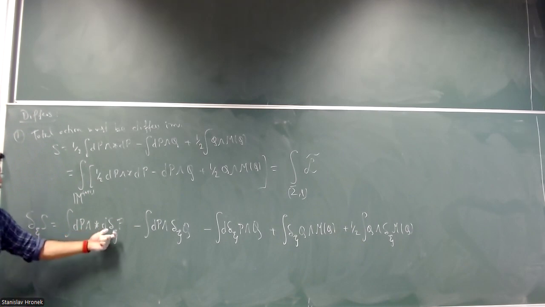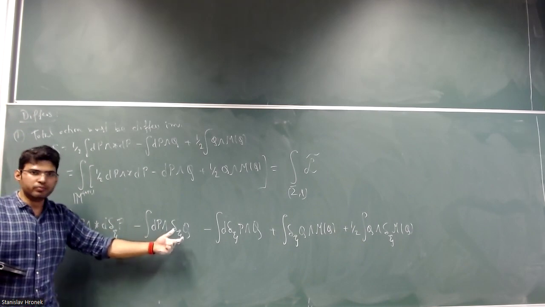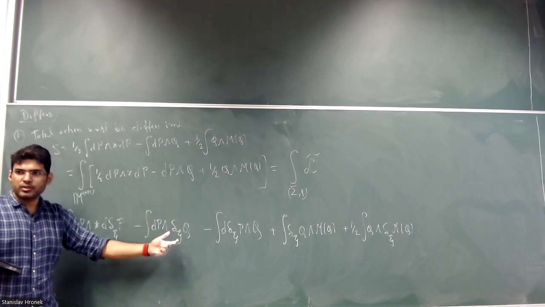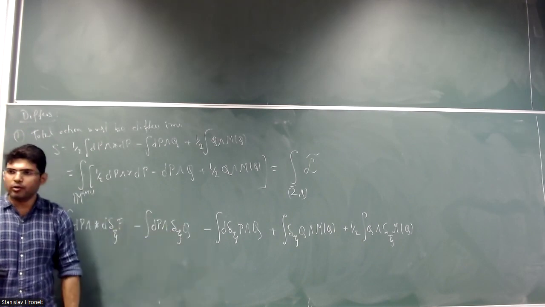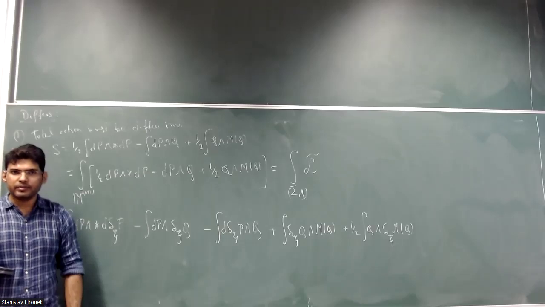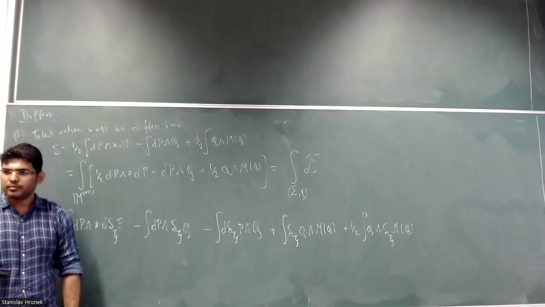My goal is to figure out what delta xi p and delta xi q are, such that this whole thing is invariant, right?